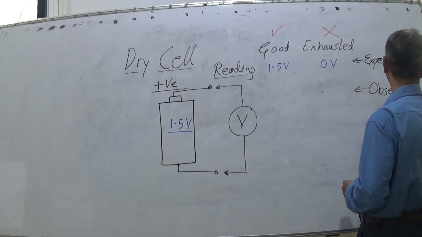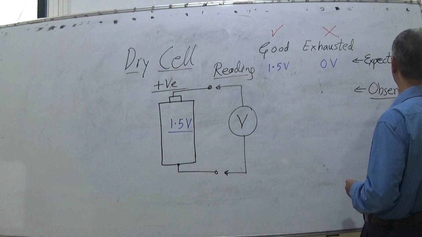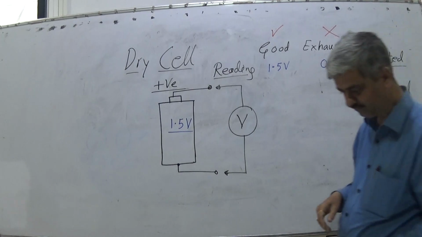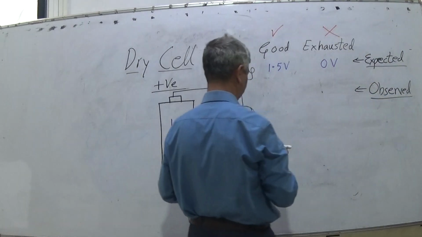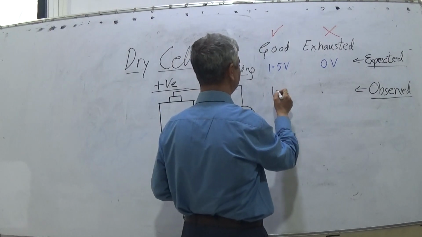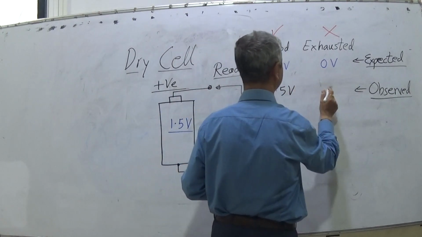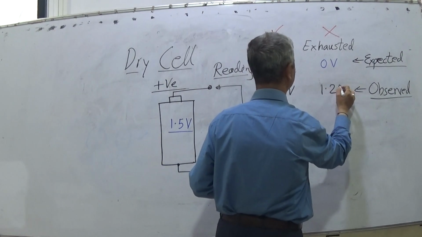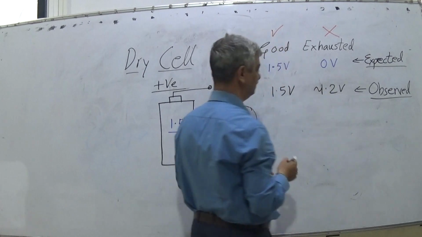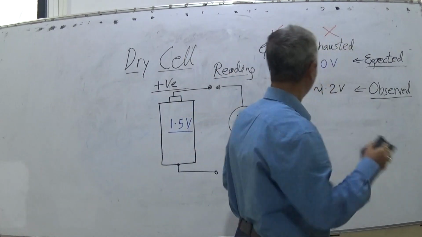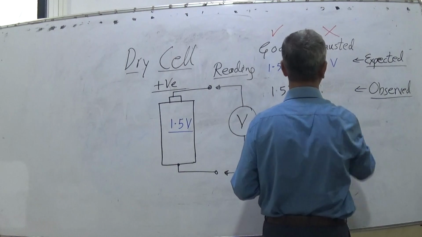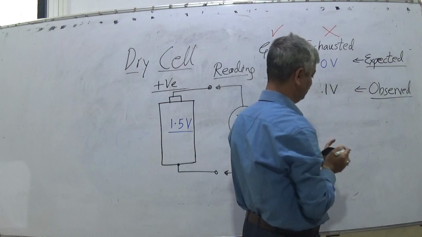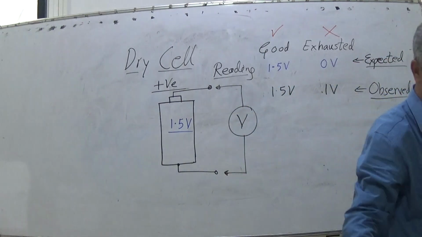But for the exhausted battery cell, the observed reading is around 1.1 to 1.2 volts. So, let us say that an exhausted battery cell gives you 1 volt.